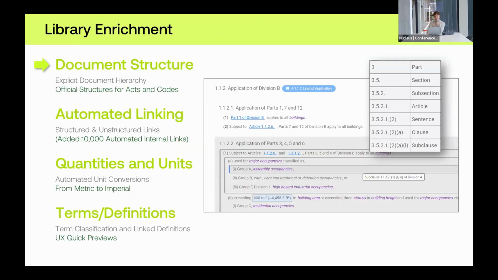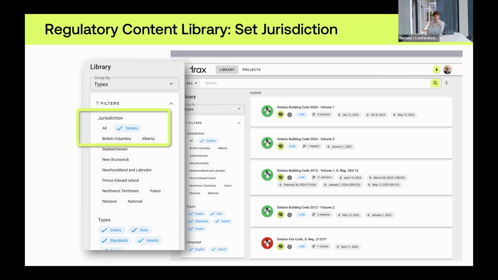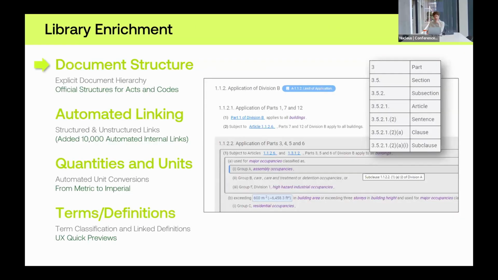So when you actually click on one of the options, say Ontario Building Code 2024, Volume 1, you can see all the different versions that are there, and the dates that those versions were released. And if you click down into one of them, one of the ways that we enrich the codes with that structured data set that I was talking about is by having an explicit document hierarchy and all the official structures that are in the acts and codes.